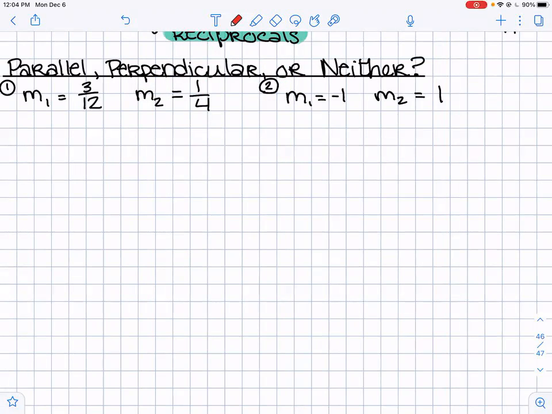If they're opposite reciprocal, they're perpendicular. And if it's just two random numbers that aren't related, it's neither. So you just gotta pick parallel, perpendicular, or neither.